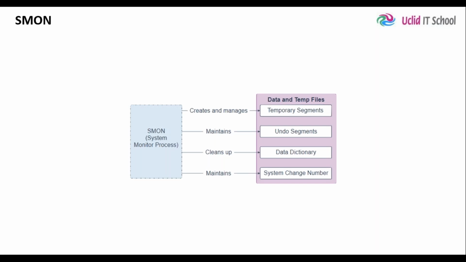Oracle internally tracks when a change was made to the database through a mechanism called system change number. For every change, Oracle assigns a change number. So these system change numbers are maintained by the SMON background process. That way, SMON performs many system-wide tasks. That's why it is called the system monitor process.